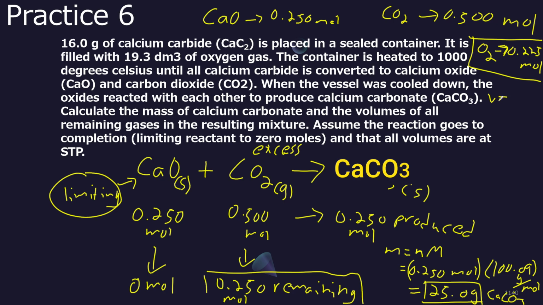V equals n times Vm. If we're doing this at STP, so 0.225 multiplied by 22.7 decimeter cubed per mole.